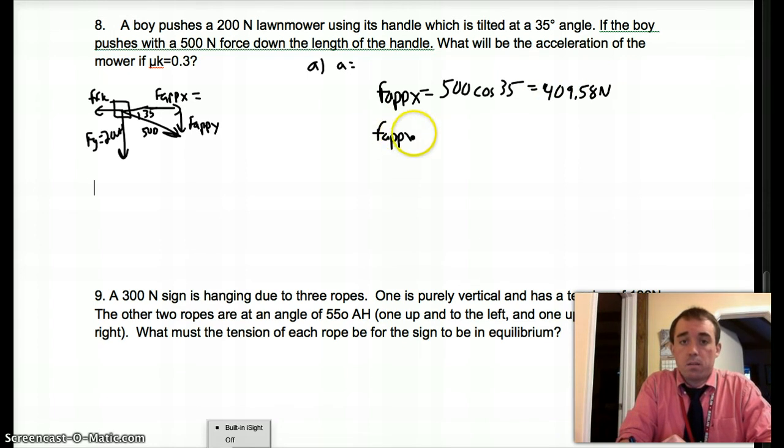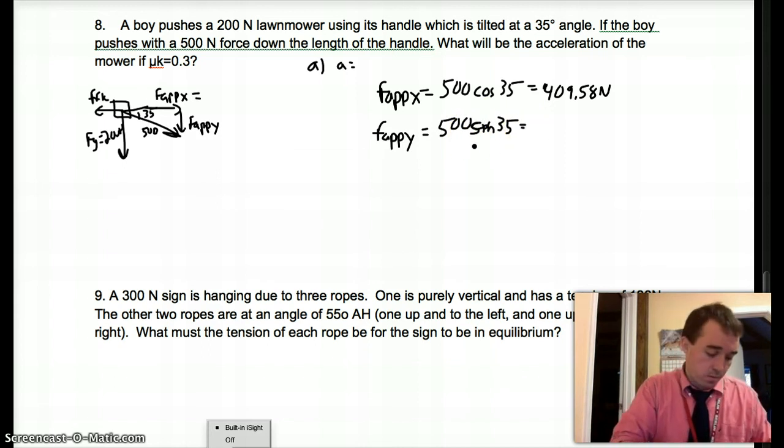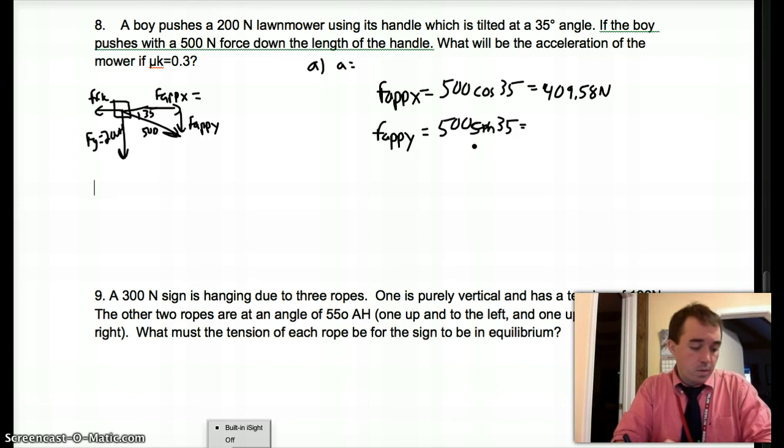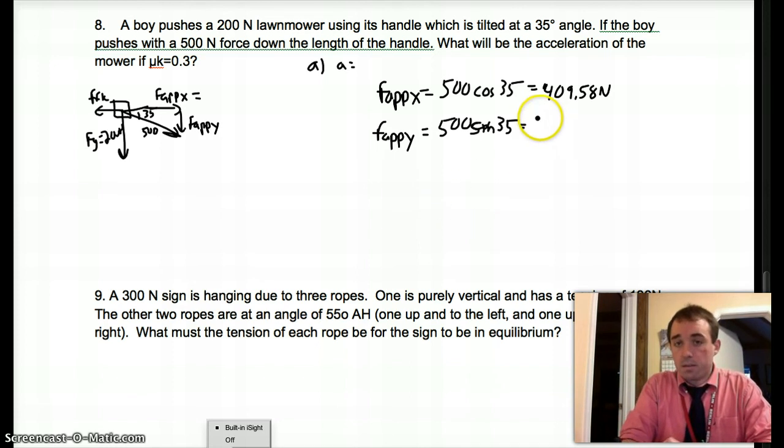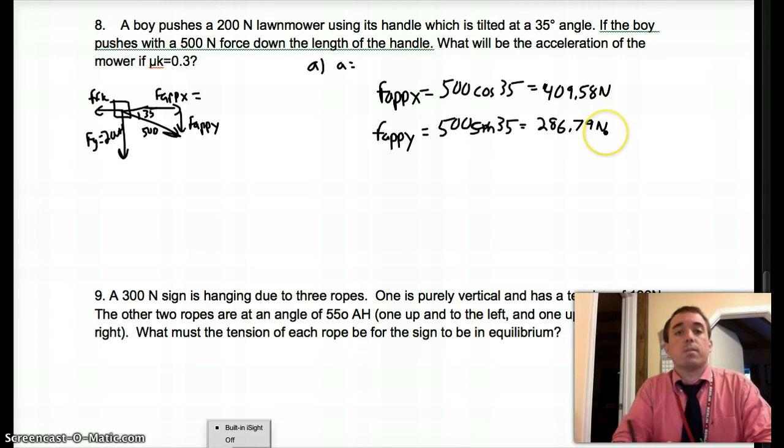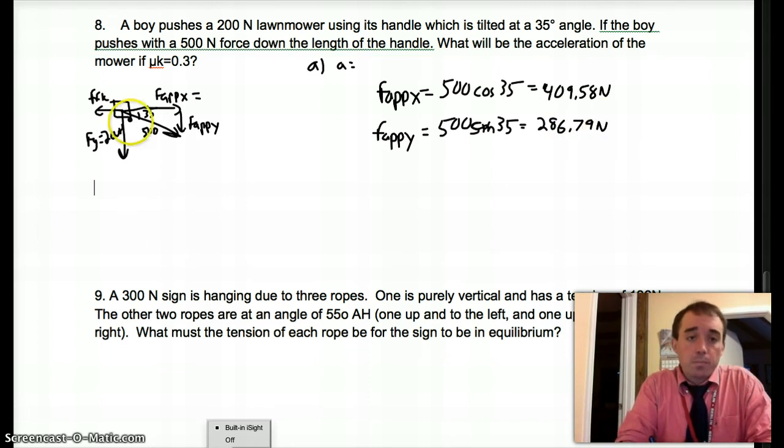FAPPY, same idea, 500 sine 35 equals 286.79 newtons.